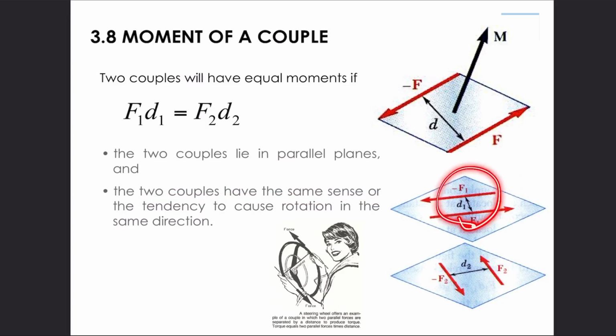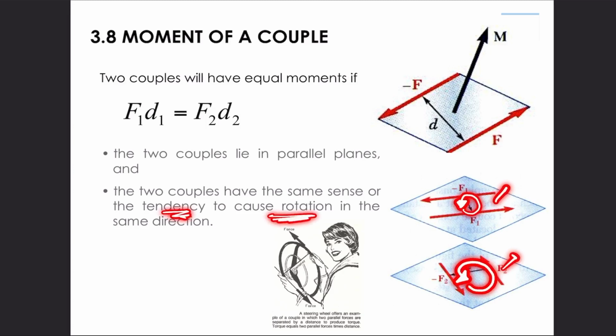Say for example, this one. Kining couple will tend to rotate or will cause a rotation on the rigid body in that direction. Kani din siya will cause a rotation on the body na direction. So, kaning duha, same iyahang tendency to cause rotation, same direction. Tapos they lie in parallel planes, so these two are equal moments.